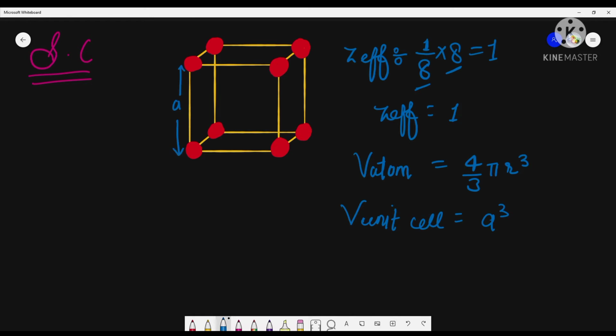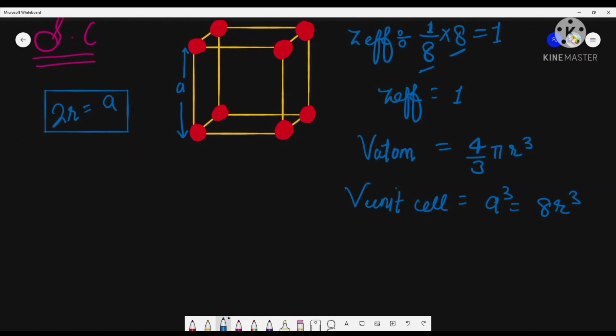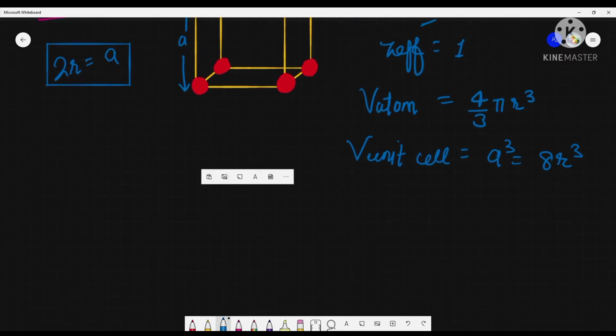And we know the relation 2r equal to a. This is the relation, so our volume will be 8r cube.